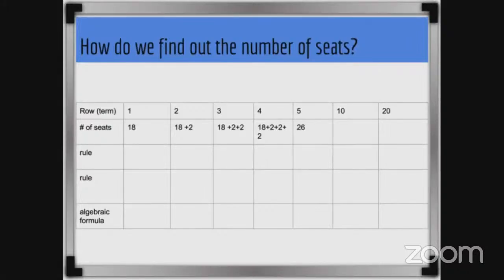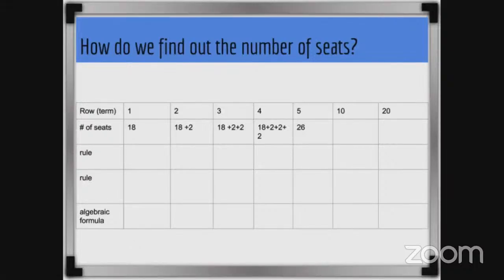Can you tell me how many seats are in the 14th row? So you'd have to write it down and add 2 all the way up to the 14th, right?